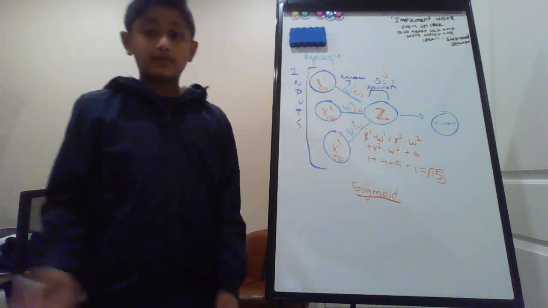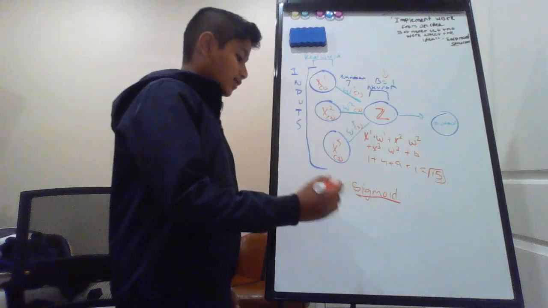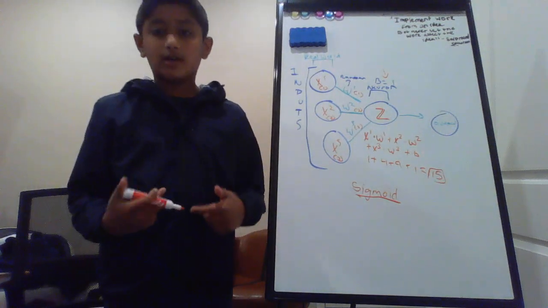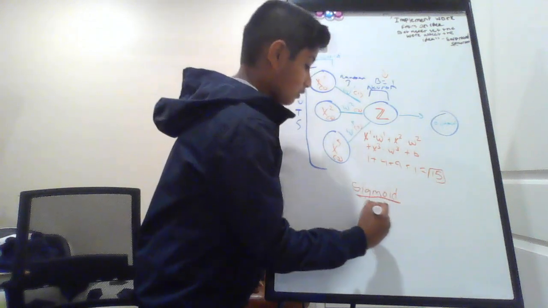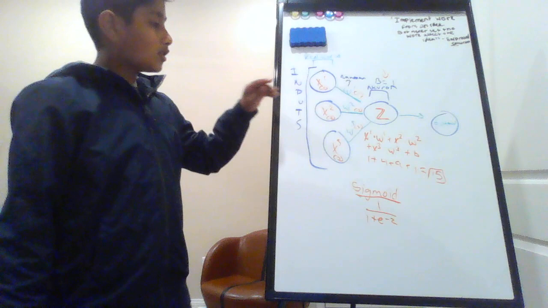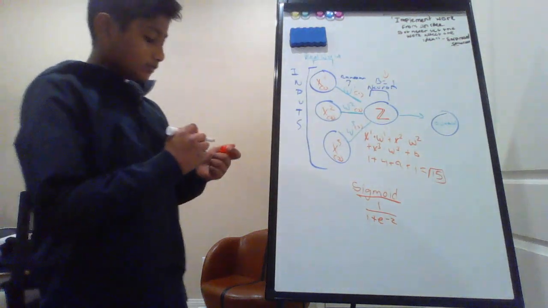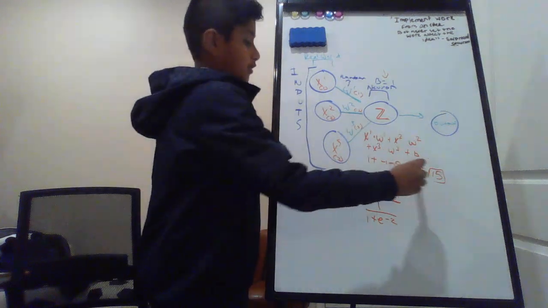I'm just going to spit out a formula once again, and then I'll explain. The sigmoid normalization function is 1 over 1 plus e to the negative z. We already solved for z, right?